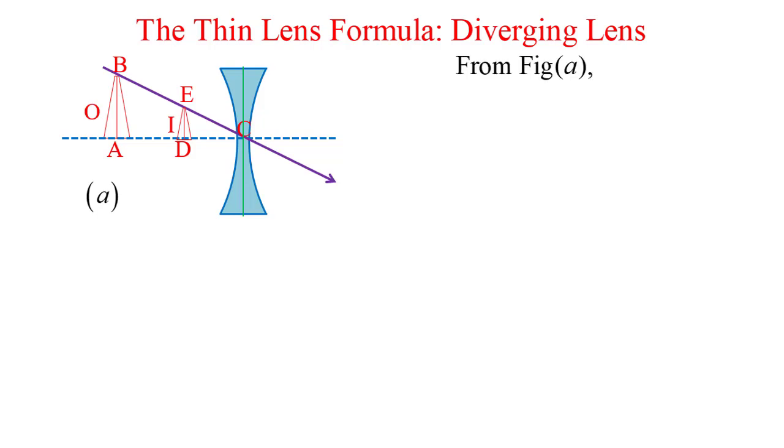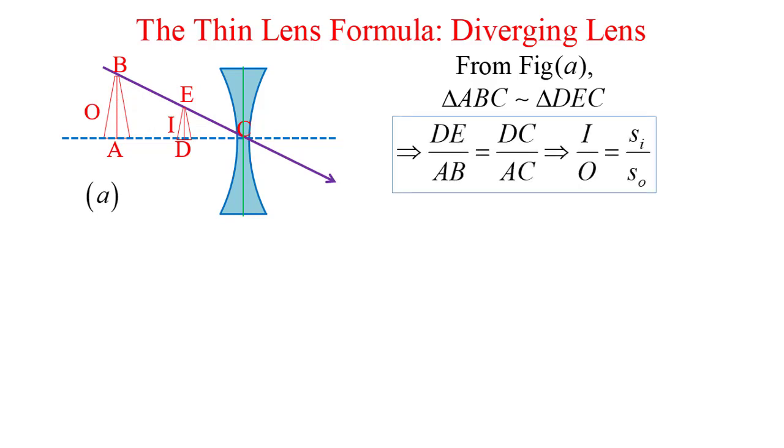So from this figure A, triangle ABC, that is this triangle, is similar to triangle DEC, that is this triangle. From this similarity, we can write the ratios DE divided by AB is equal to DC divided by AC. But DE over AB is equal to I divided by O, that is the image height divided by the object height.